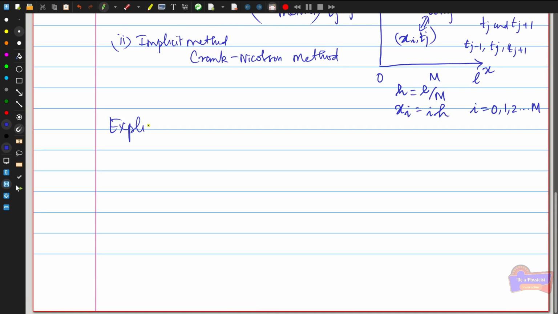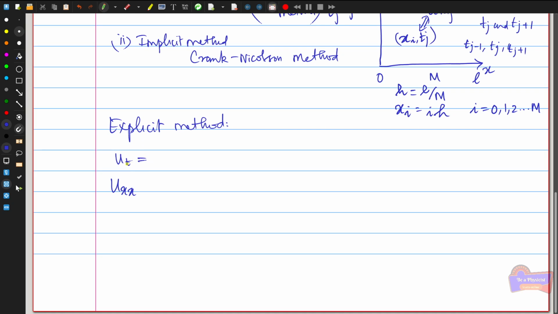In the explicit method, you are going to find u of t as well as u of xx, the values which you use in the heat conduction equation.